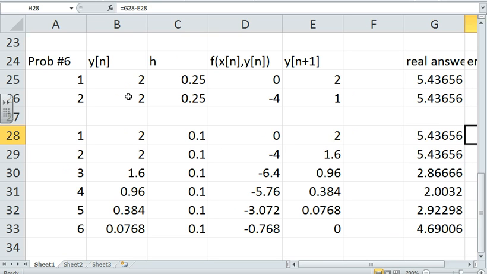What is it? Y of 2 is 2.14, 1.6. E28 is right. This is supposed to be minus 2 times x times y. Well, that looks like minus 2 times x times y to me. And this is supposed to be B28, C28, D28. That's right.